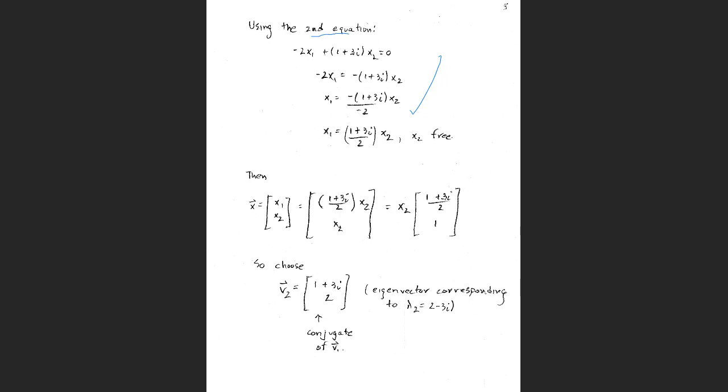Then you solve for x, and as the basis for your second eigenspace, the basis eigenvector is going to be (1 plus 3i) over 2 and 1. Those are your entries.